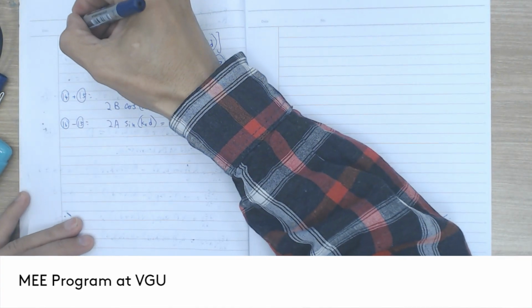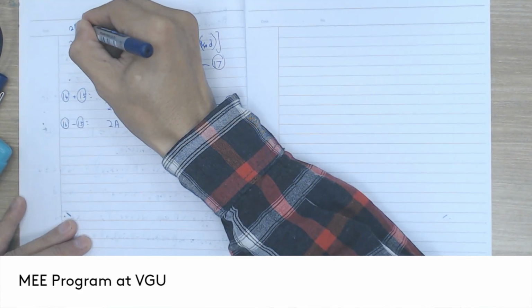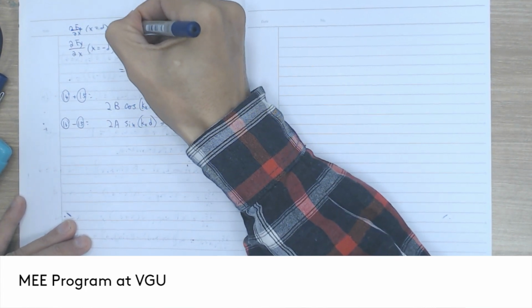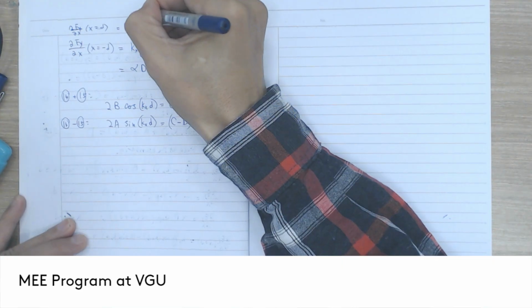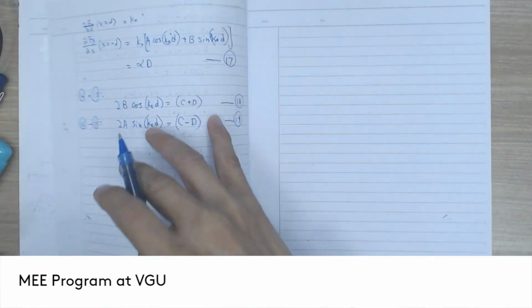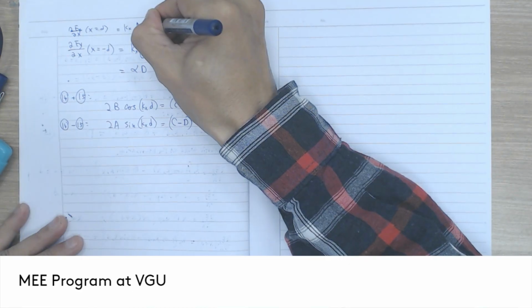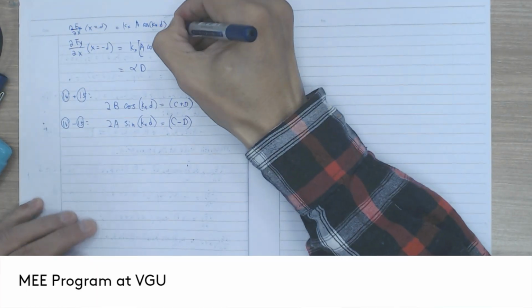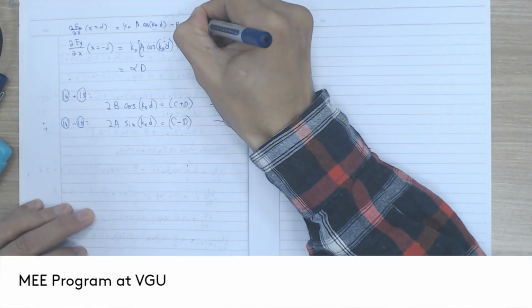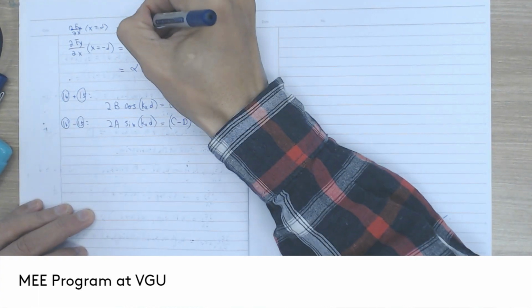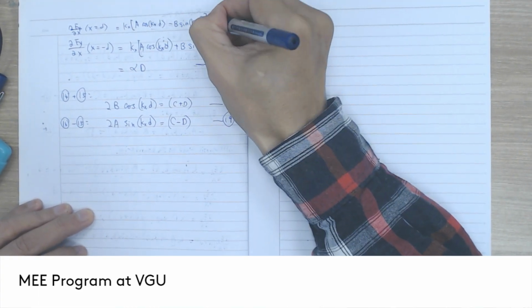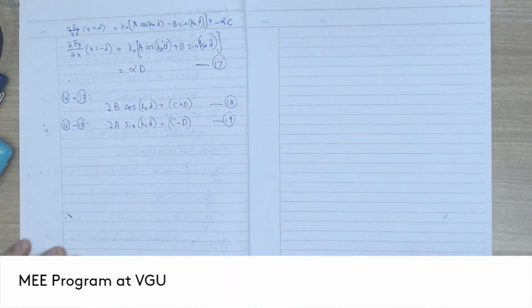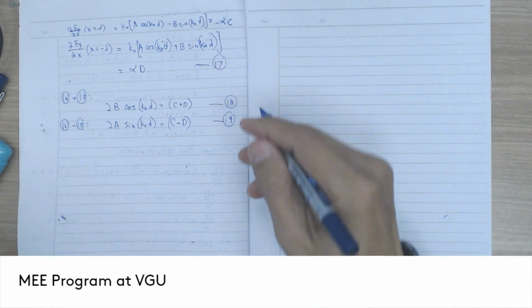So I better write it here: Ey over kx is a cosine, and then minus b sine kx d, and according to here, minus alpha c. So this is 16.